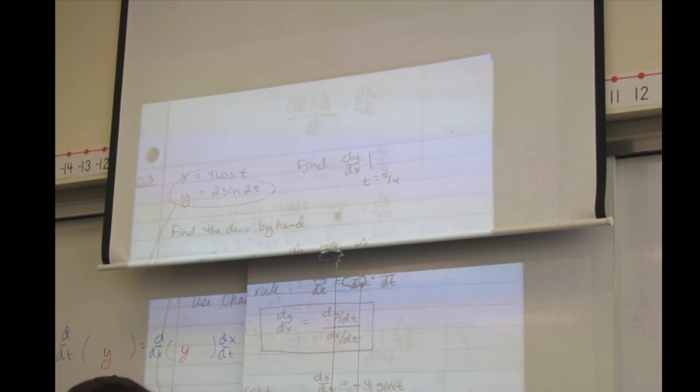It still works, correct? But why would you say it's y instead of dy dx? Because dy dx is the first derivative. You want to take the derivative of the first, and y is just your original equation. And d dt of y is your first derivative. And then we already have dx, or dy dx, that's your first derivative.